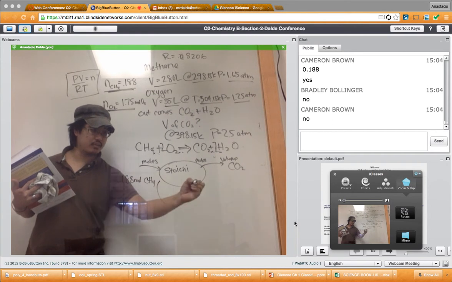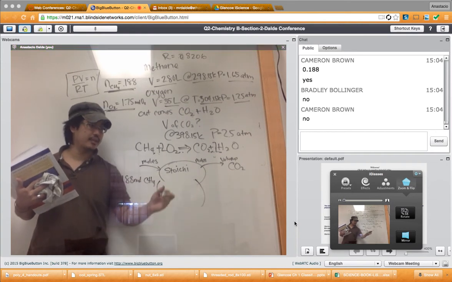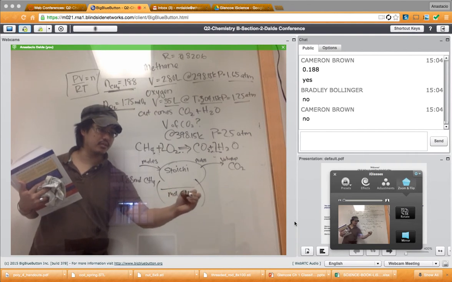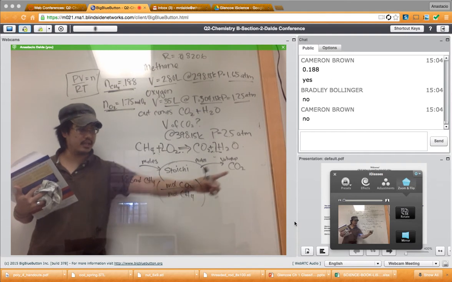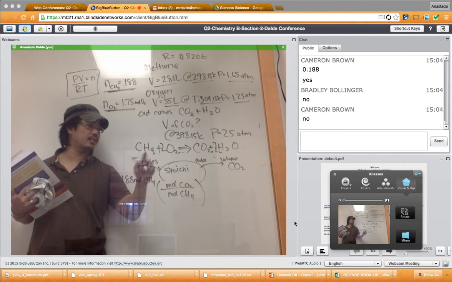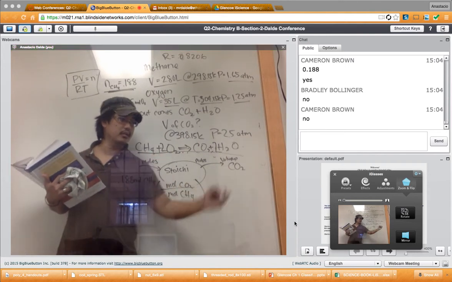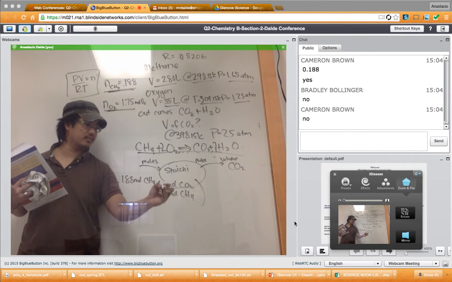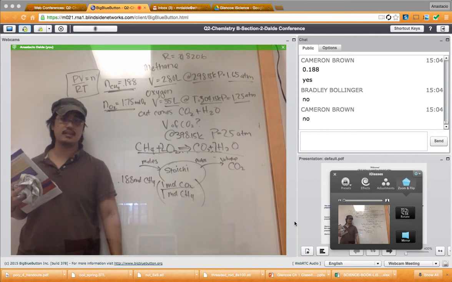Now I can play the stoichiometry game, and I can say, okay, moles of CH4 to moles of CO2, because that's what I want to get in the end. Using the balanced equation, which is right up here, I know that one of these moles of this yields one of those moles of that.